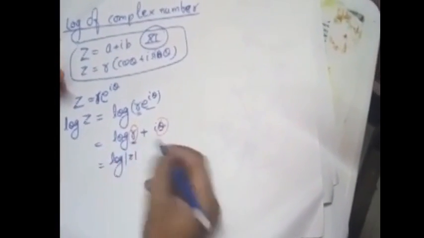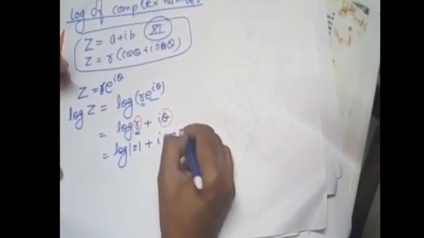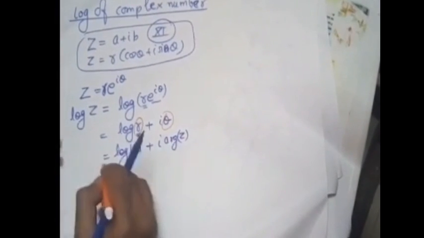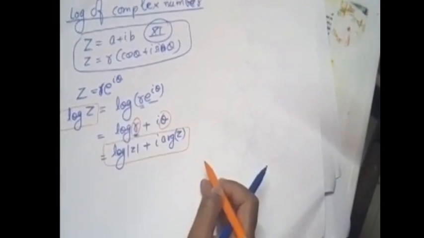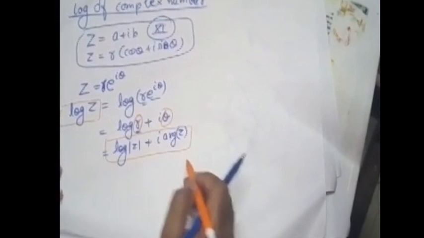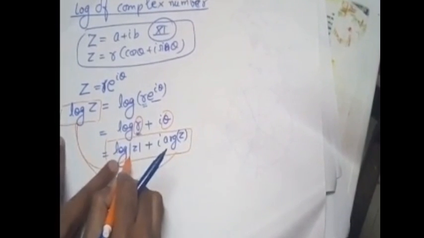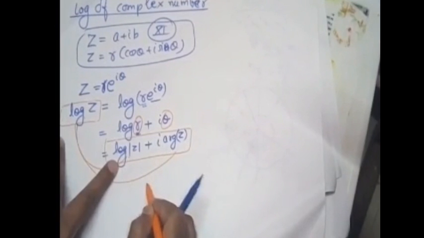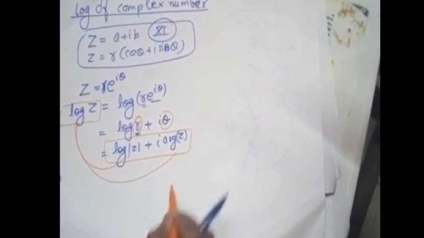So log of mod of z plus i into argument of z. So this is the concept: very easily we can find the log of any complex number. It is very simple, there are two parts. Log of mod of z is the real part of the log of the complex number. The argument of z will be the imaginary part of the log of the complex number.